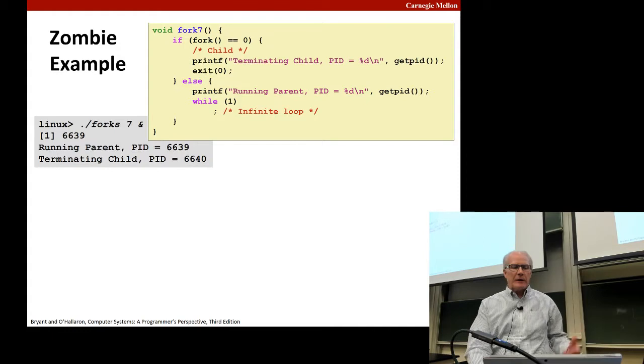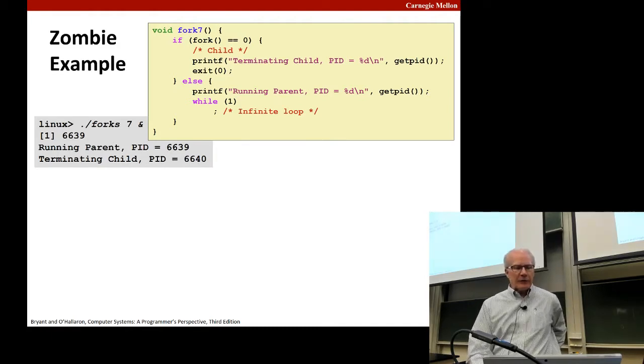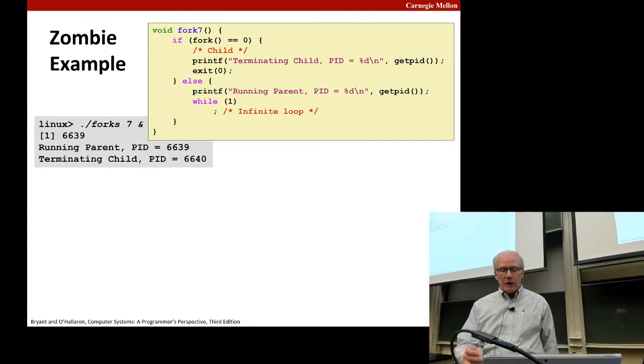I recommend you play with this just to convince yourself that this is really what I say is true. What this example program does when it starts is it fires up the process, it calls fork, the child terminates, and the parent runs.